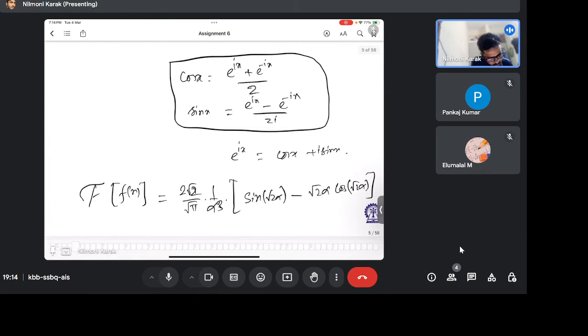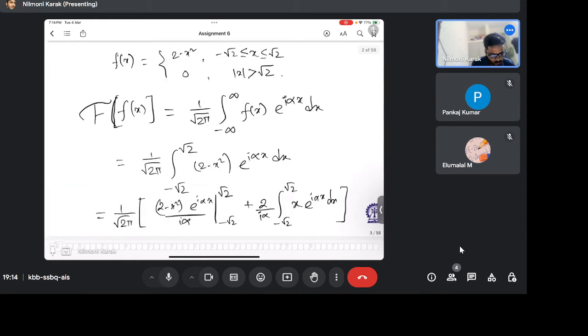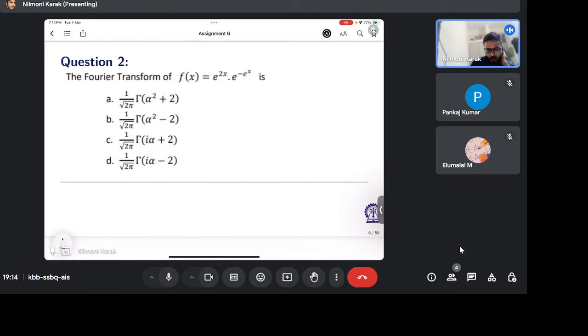Let me check which option is correct. Alpha cube, sine root 2 alpha and root 2 alpha instead of 2 alpha. Also in the fourth option sine 2 alpha is there, so option C is correct. I hope it is clear. Only calculation you have to do.